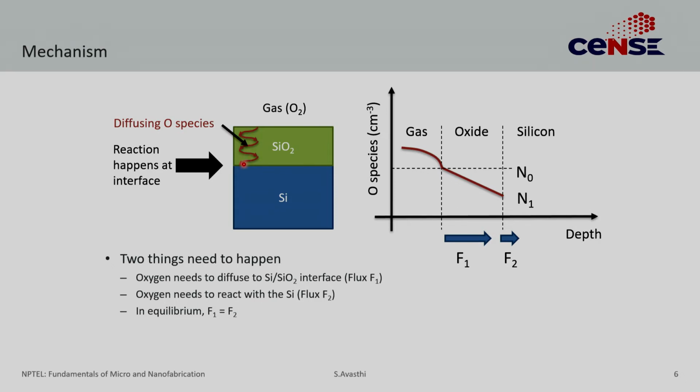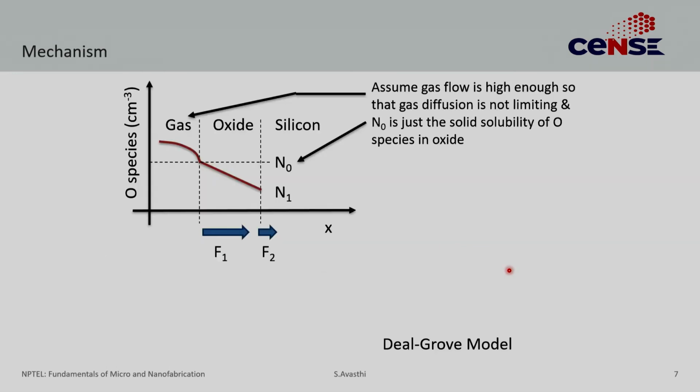That is fast. The bottleneck is reaction with silicon. So, the problem is not F1. F1 is fast, but the problem is F2, but because in equilibrium the two must be equal, F1 must be equal to F2. So, the concentration gradient changes such that F1 becomes equal to F2.